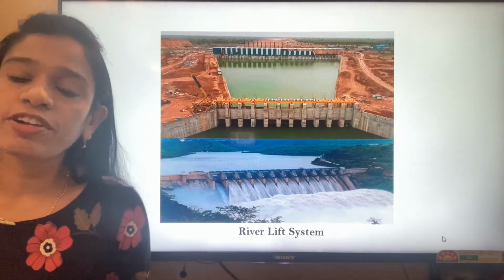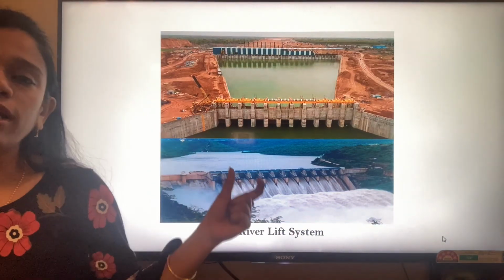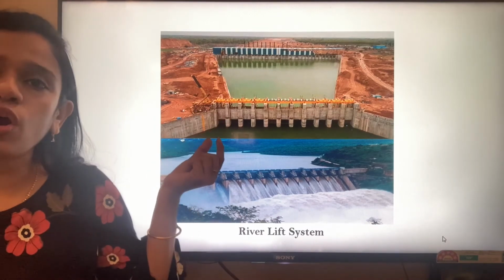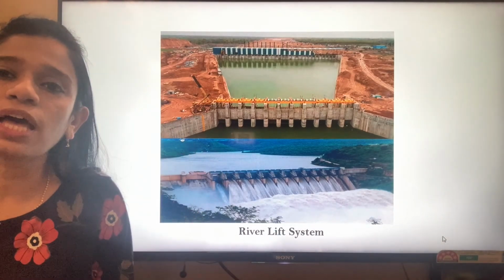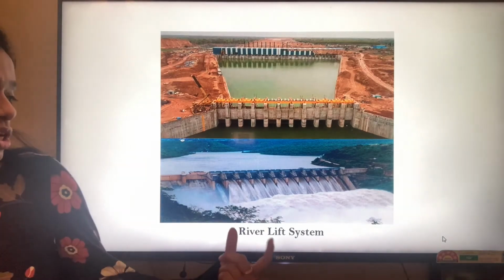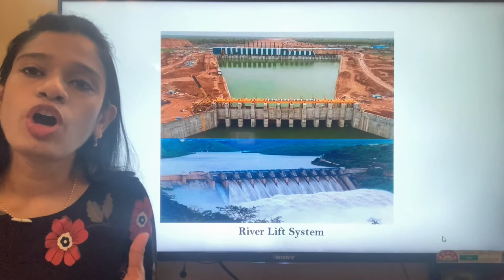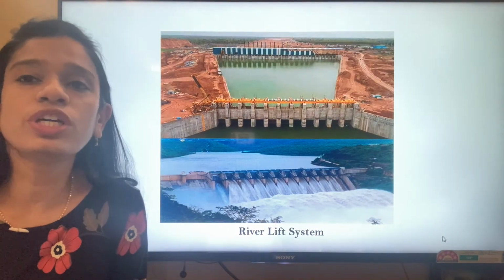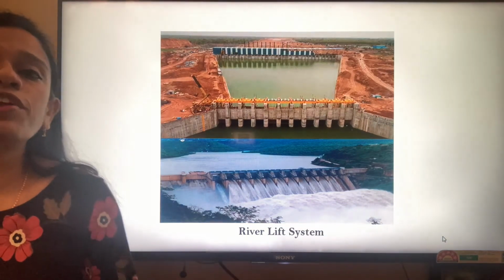So what is the river lift system? It is basically some channels that have been drawn through which the river water flows, and this water goes and waters the field where it is required. Because it is river water that is lifted from the river and sent through the channels or canals into the field, it is called a river lift system.